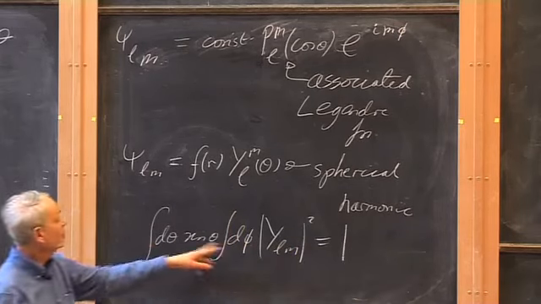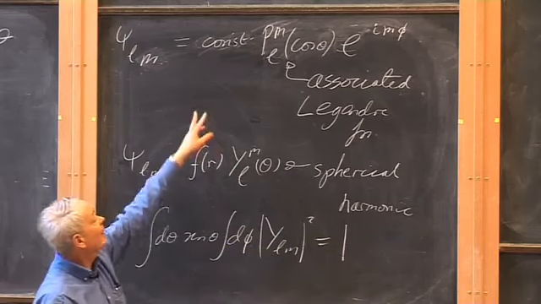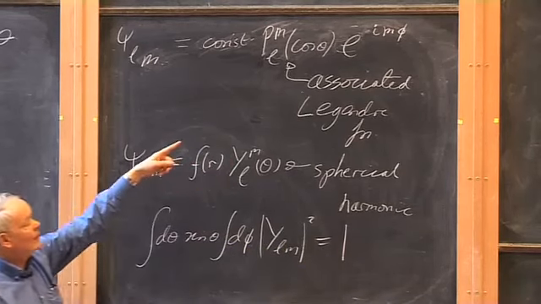So the YLMs are correctly normalized, so if you mod square them and integrate them over the sphere, they come to 1. The PLMs have a daft normalization.